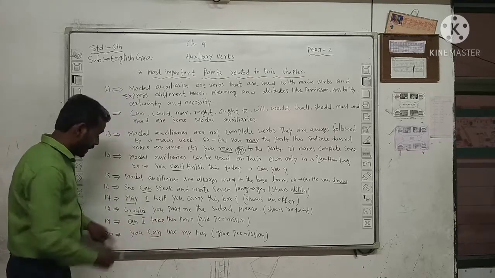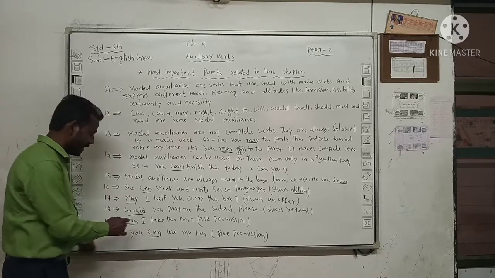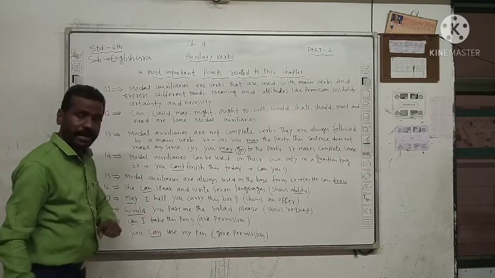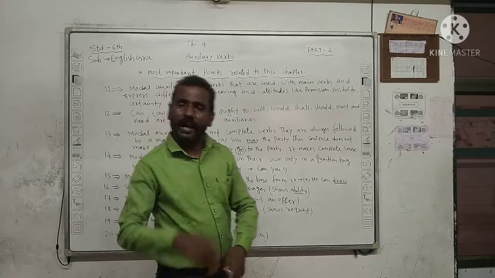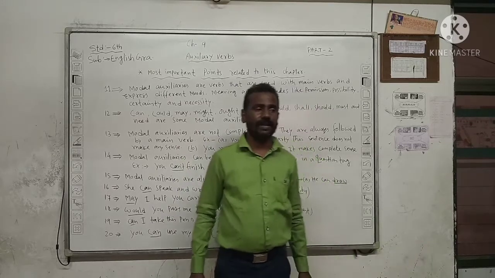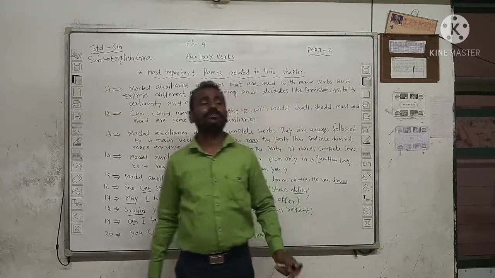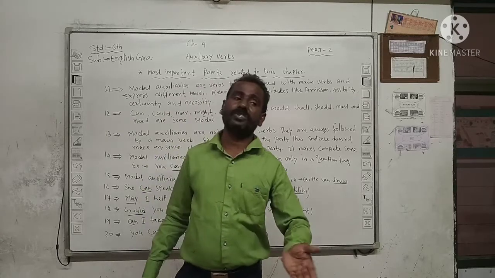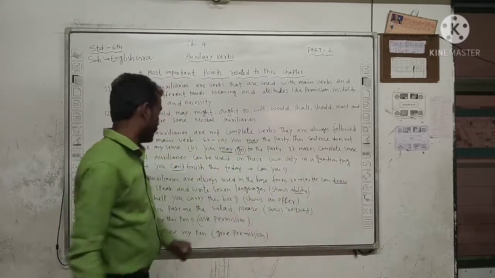When I use it at the beginning of the sentence, that means asking permission. A few more examples: Can I come? Can I sit? Can I speak? Can I dance? Can I write? These are asking permission. अनुमति ली जा रही है यहाँ पे.